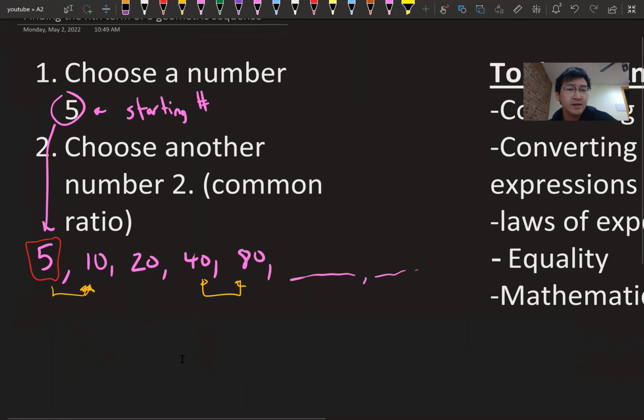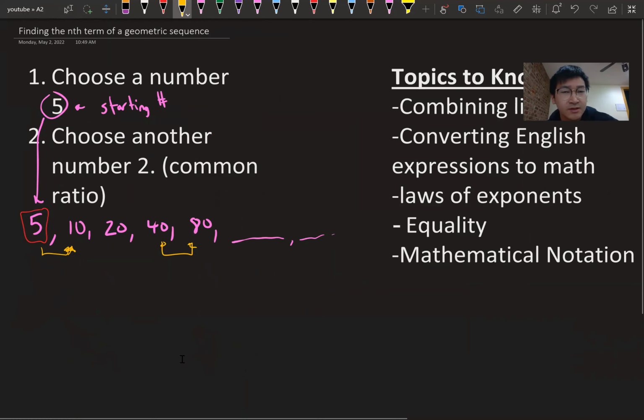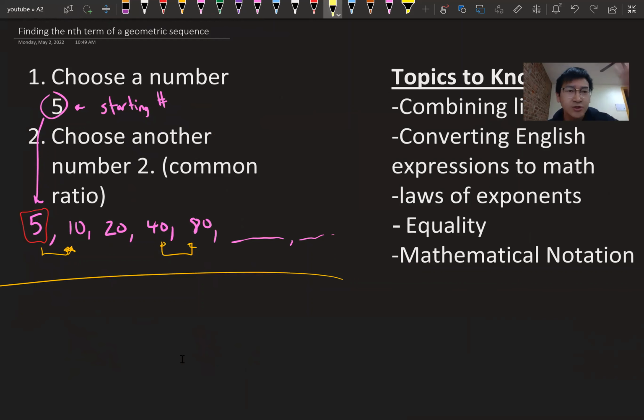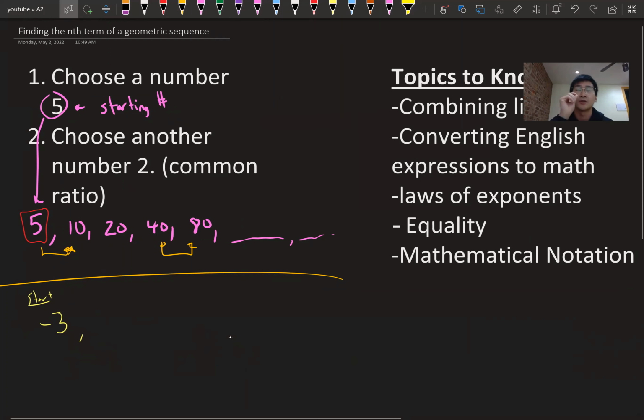You could also do this with negative numbers. Let me do this again. Let me choose a number now, -3, and let that be the start. Then let me choose another number that I'm going to multiply by, let's say 2. Once again, let's keep it simple.